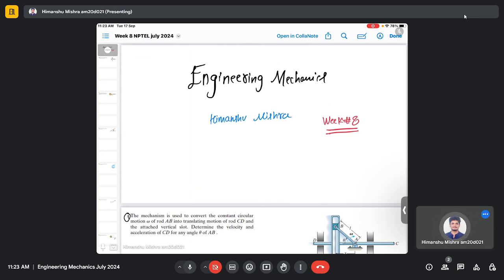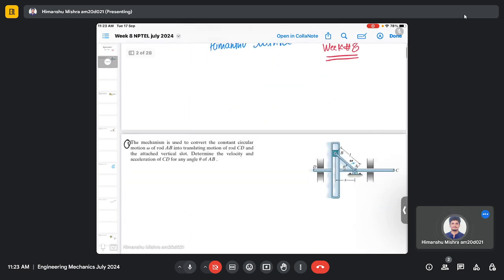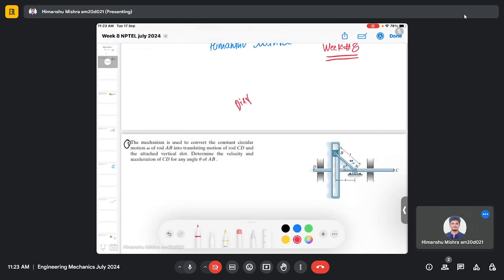Last week we also solved a few conceptual problems on how to distinguish between displacement, which is a vector quantity, and distance, which is a scalar quantity.